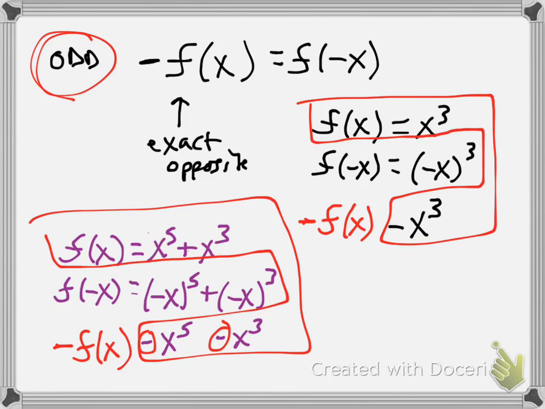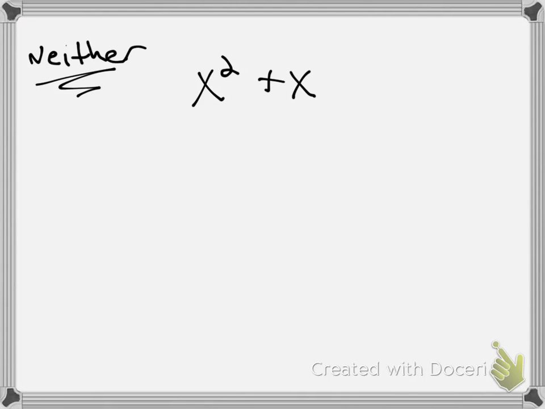Now, just because you have even exponents, odd exponents, doesn't mean it's always going to be even or odd. In fact, most of the time, it'll be neither. So let's do an example of neither. Let's do x squared plus x plus 1.